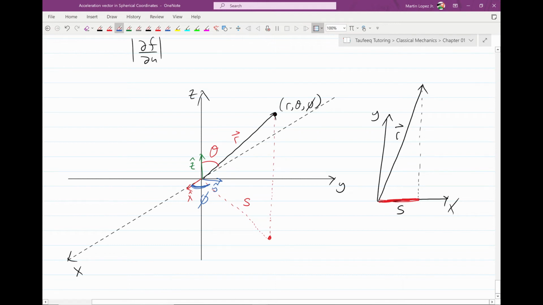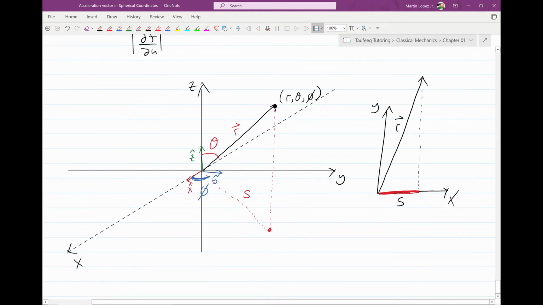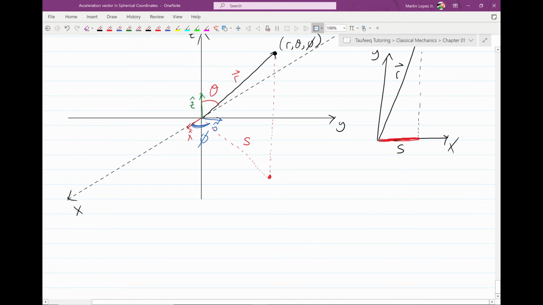In polar coordinates we called the angle phi, but in 3D, theta is the polar angle and phi we call the azimuthal angle.